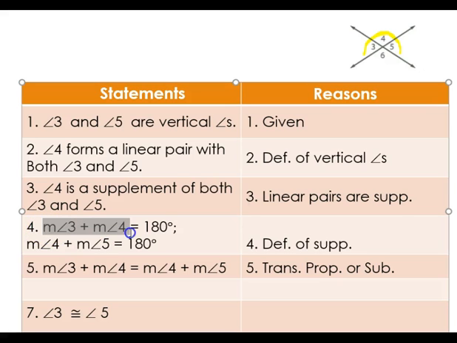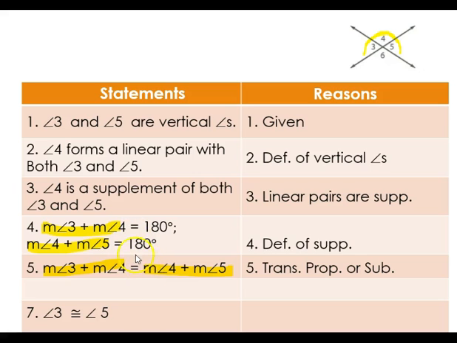So we've taken these two statements, moved one down here, moved the second statement down here also, and set them equal to each other. We can do that because the transitive property, or also the substitution property, will work.